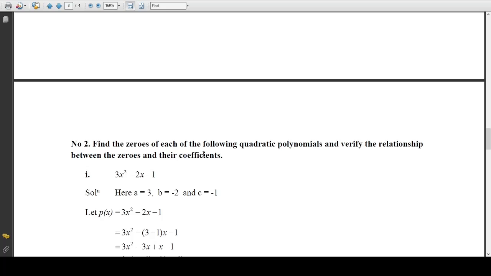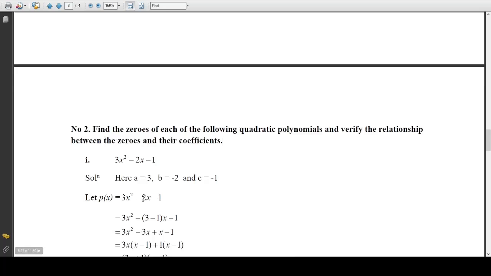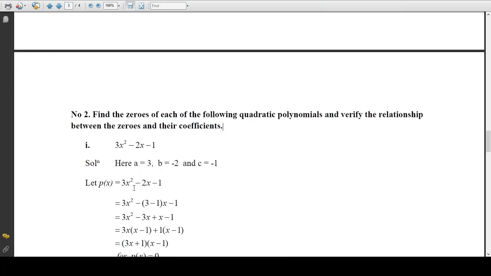The first polynomial given is 3x squared minus 2x minus 1. What is a? A is the coefficient of x squared, which is 3. B is the coefficient of x, which is minus 2, and c is the constant, which is minus 1. Now this is the given px, 3x squared minus 2x minus 1.